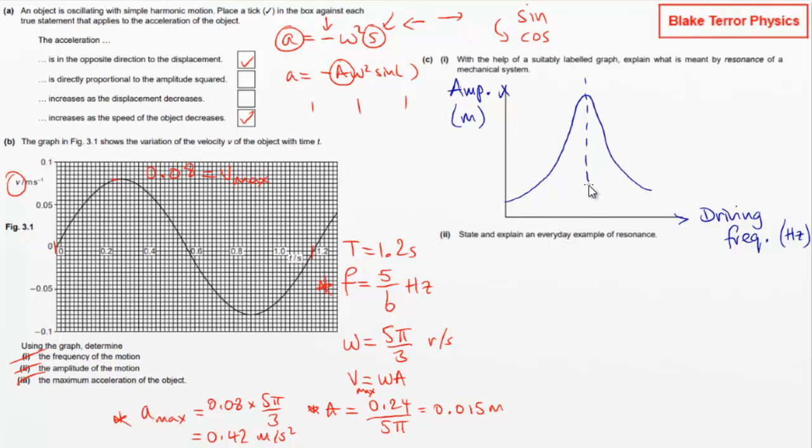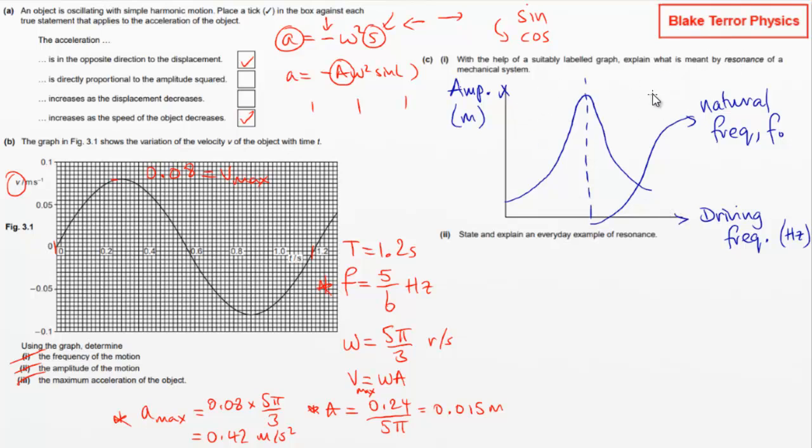We're going to need to mark where the peak is, and we need to say that this is, I don't have enough space at the moment here, the natural frequency. Let's call that F0.